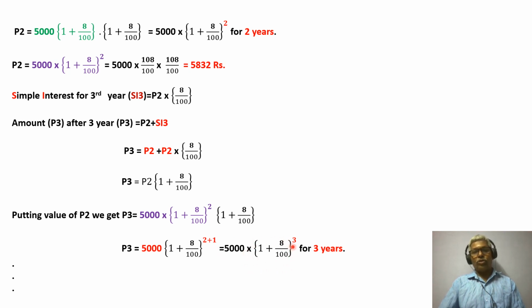Okay, so as here after 2 years it was 2 or square, after 3 years the power was 3. Getting some connection or relation between these two, we use this relation and try to describe the formula.